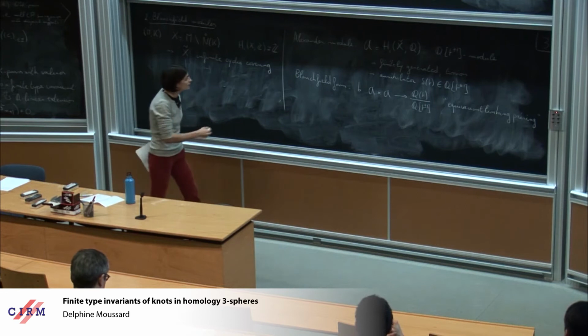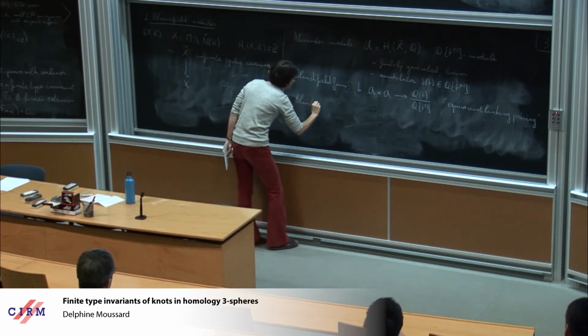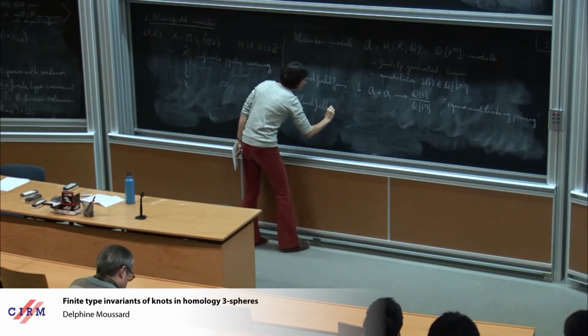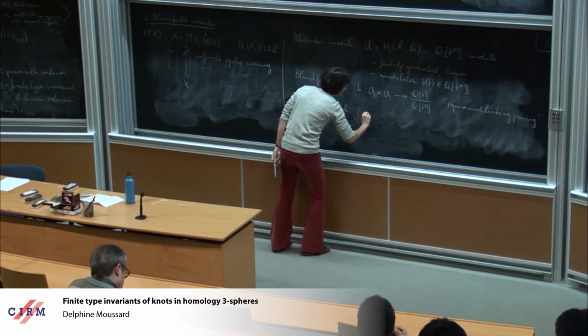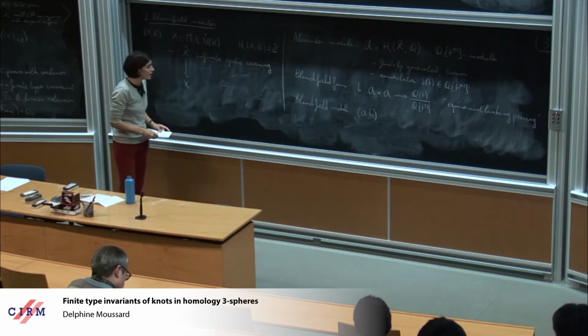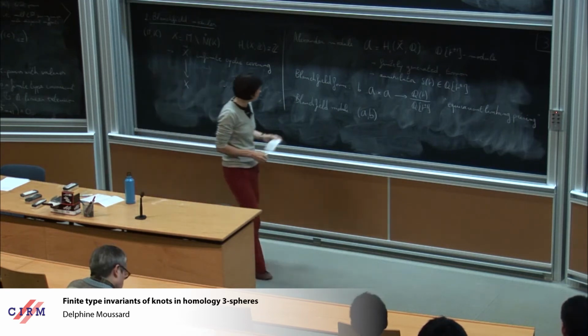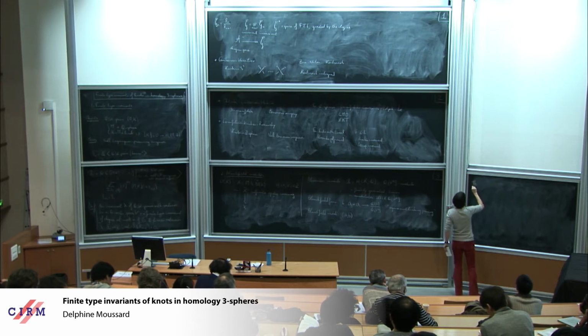And what we call the Blanchard module is the pair (A, B), the Alexander module equipped with the Blanchard form. Now, the reason why we are interested in this Blanchard module is the following.